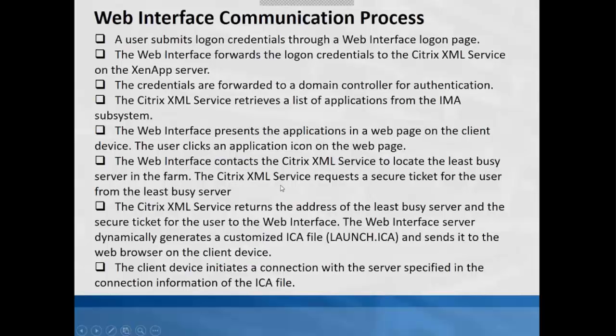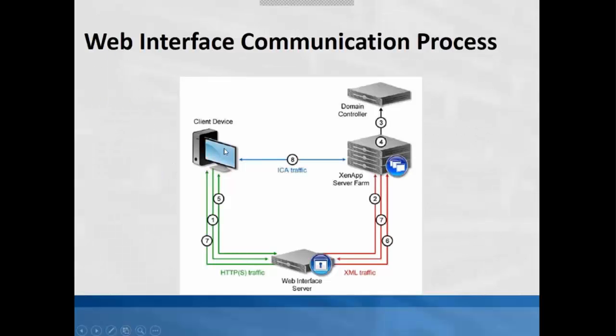The Citrix XML service requests a secure ticket for the user from the least busy server. So what's going on here? XML service will connect a user to one of the least busy servers, right? So whichever server has the least load of users, XML service traffic will connect that user session to that server, which can take more connections, right?